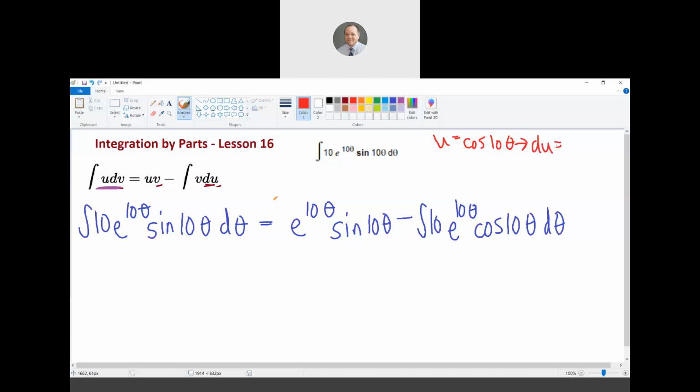So the derivative, or du, is negative sine 10 theta d theta, and this is the chain rule that we're using, times the derivative of 10 theta.